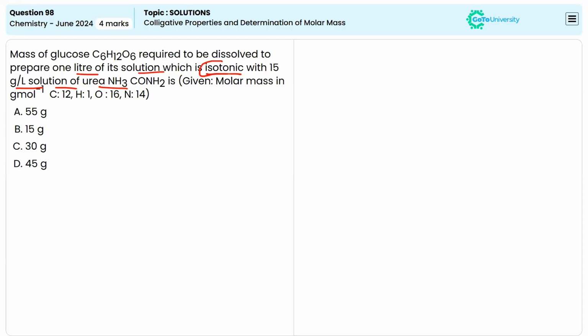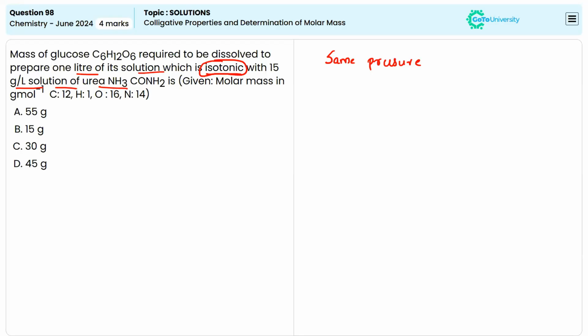This is important. Isotonic. What is an isotonic solution? Isotonic solutions are having the same osmotic pressure. So here we have to find out the mass of glucose required to prepare 1 liter of solution, but its osmotic pressure will be equal to the osmotic pressure of the 15 gram per liter solution of urea.